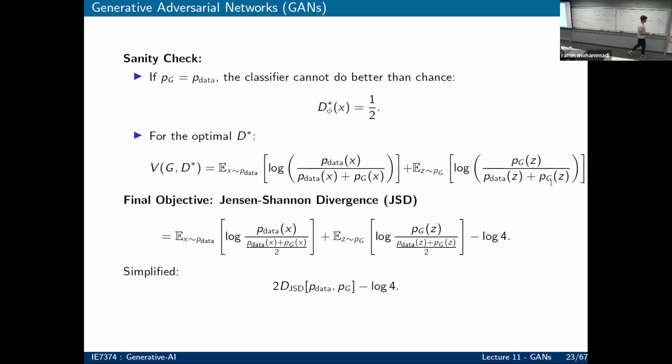So now look at the objective function here, and we want to see how we reached this equation with minus log 4.